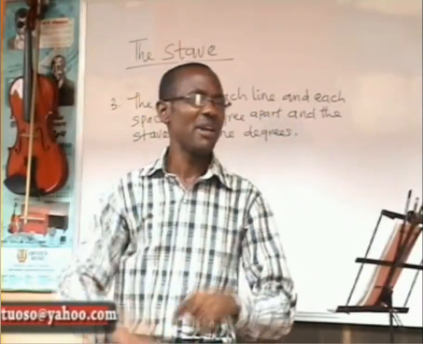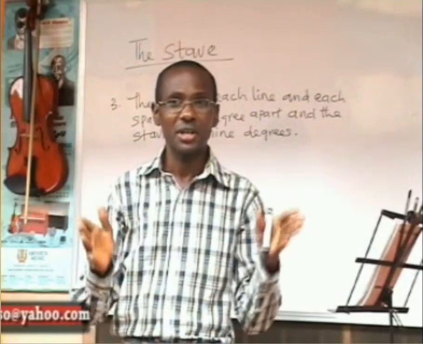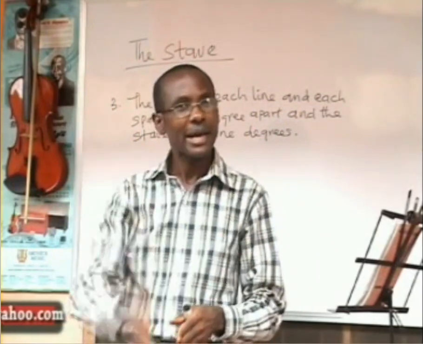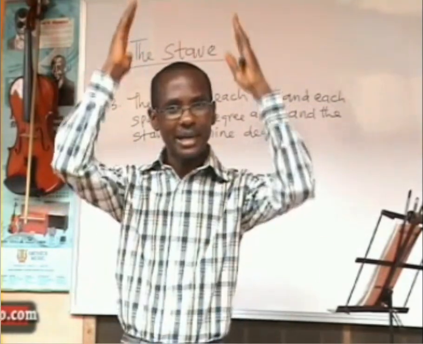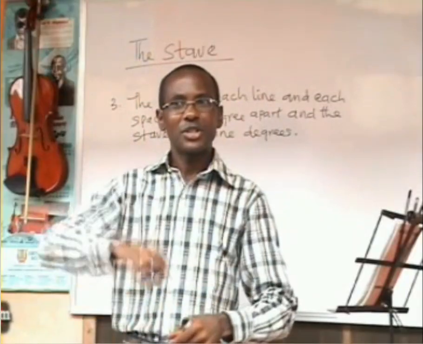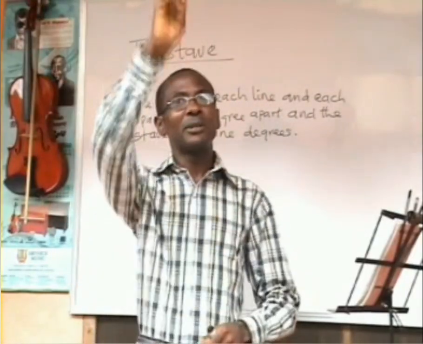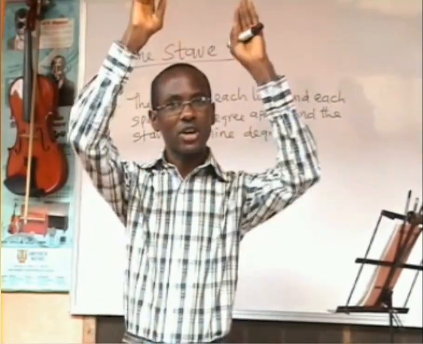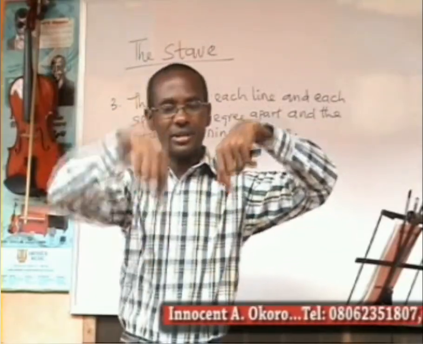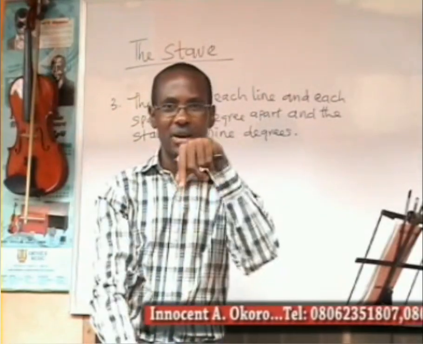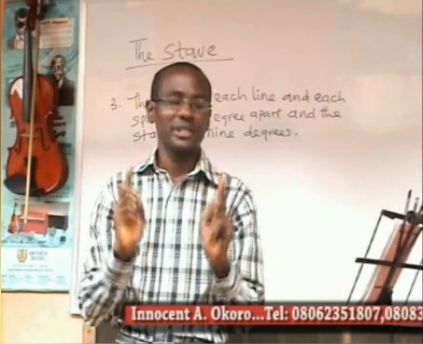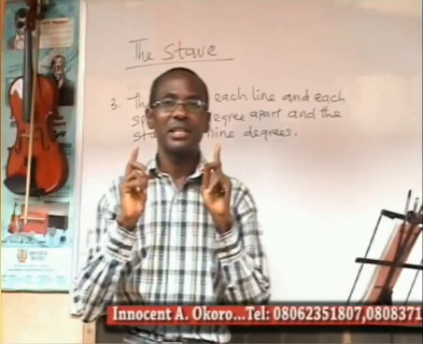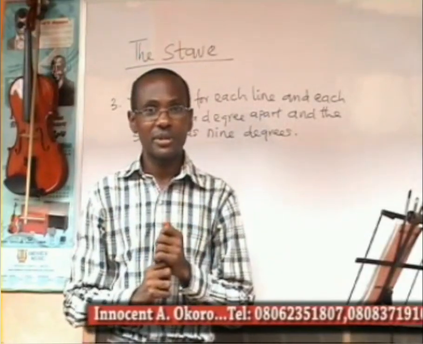There are many sounds, and in music, sounds travel up and down. And as you're reading the stave, you're looking up. When you're going up, the sound is traveling up. When you're reading it down, it is traveling downward. And you have to understand that the stave alone cannot represent pitch.